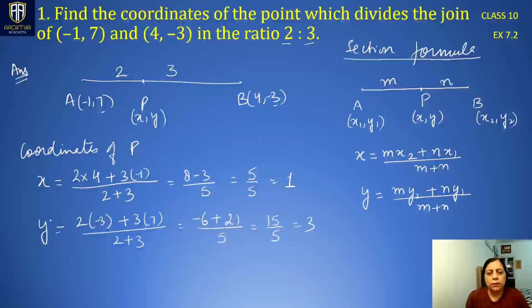So now we have found both the coordinates. We can write the coordinates of point P as x, y, which is 1, 3. This is our answer.